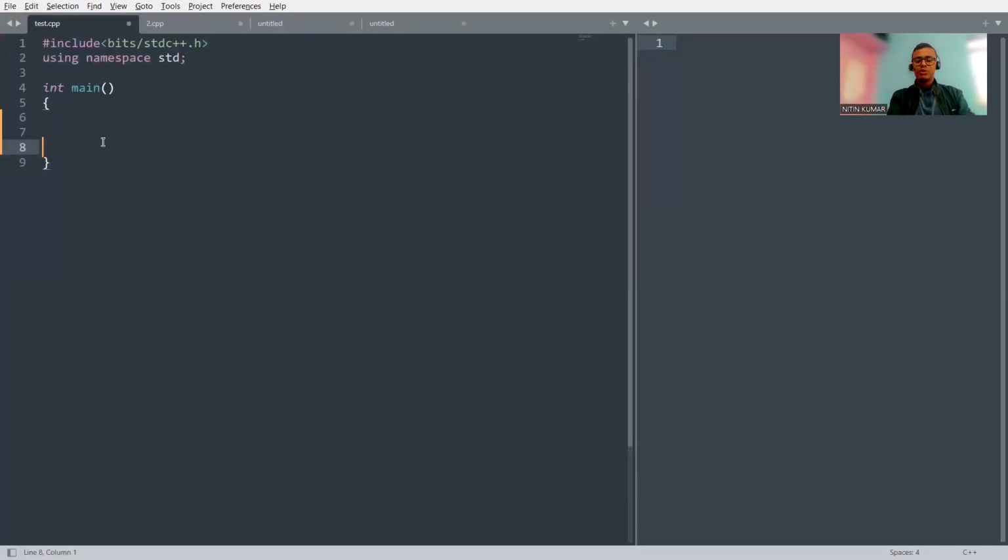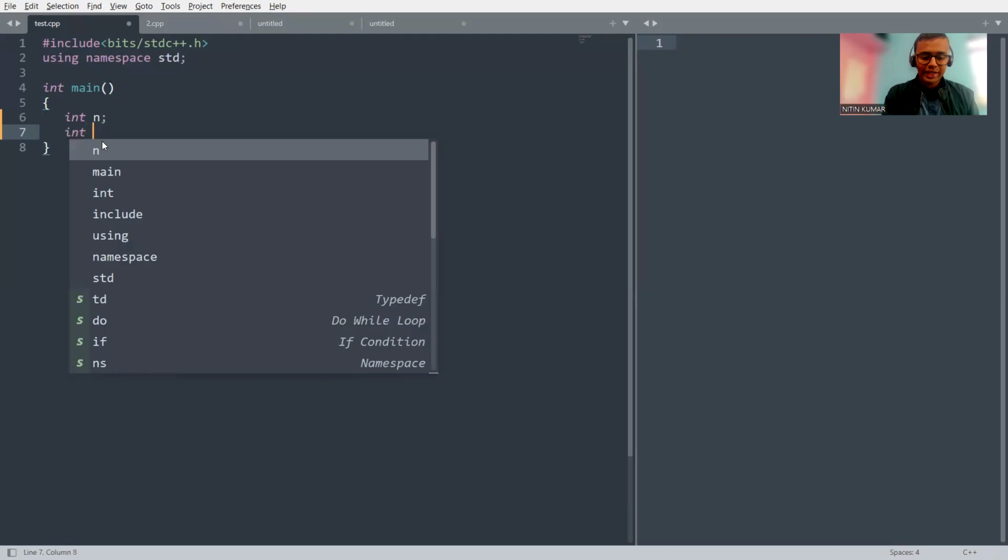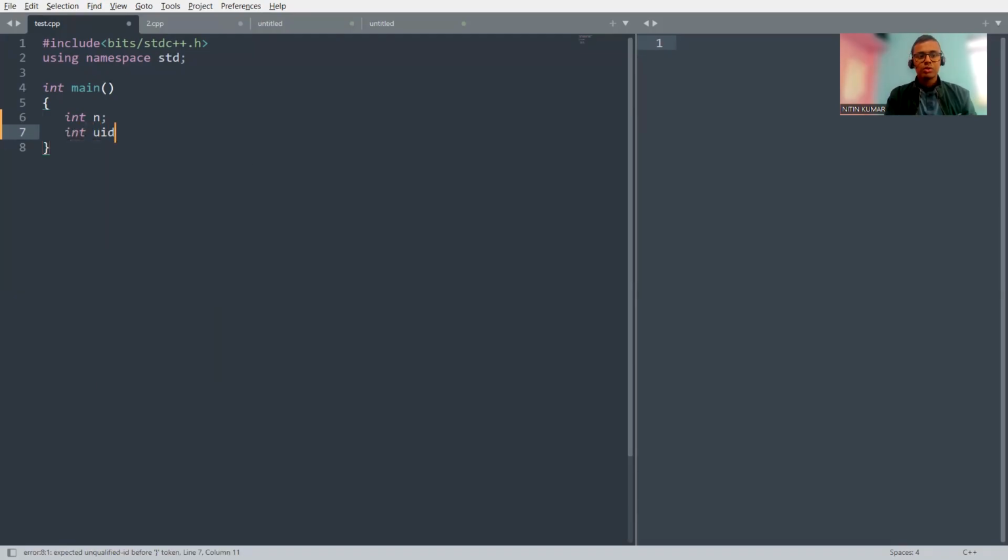Here I have to take an integer n, which is the size of profit and unique IDs. And let me take an array of unique IDs, let's say I name it UID, and it is of size n. And let me take it as input: for int I equal to 0, I less than n, I plus plus, and the value is taken as input in UID of I. Cool.